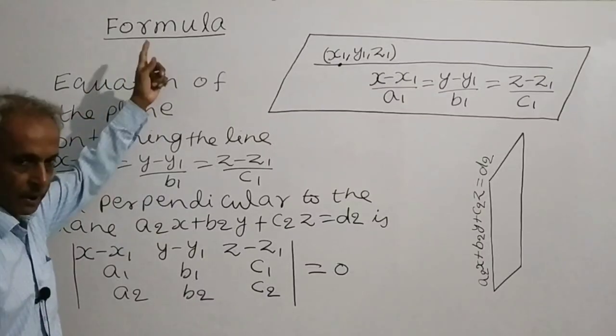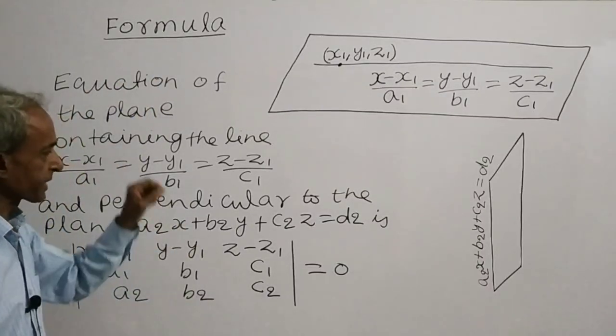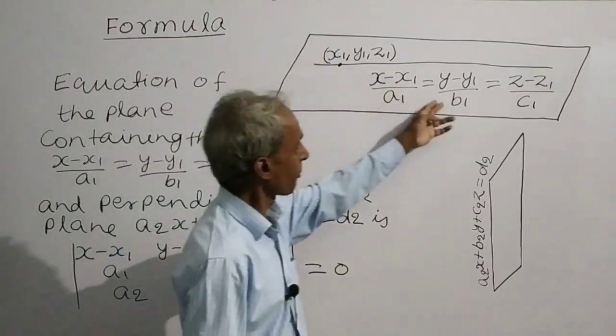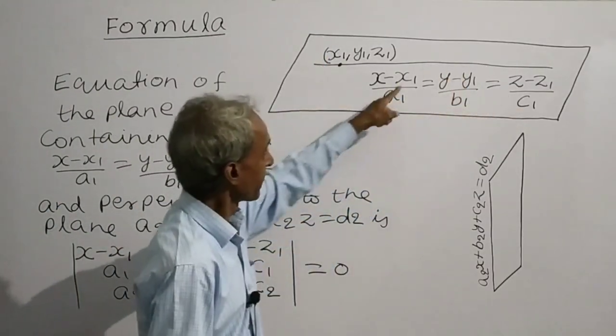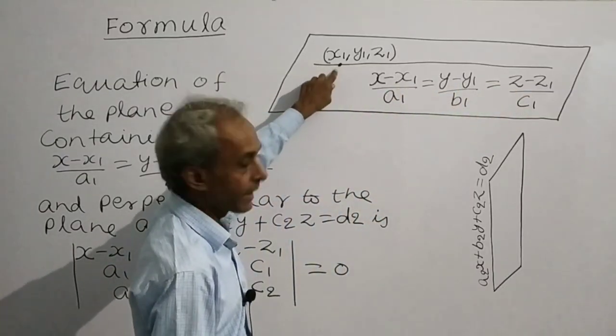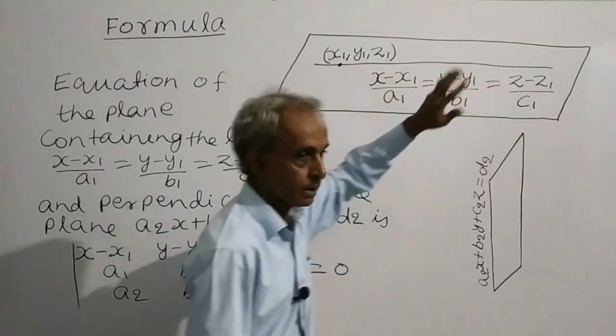This is the formula that I will use to check option A. If the equation of a line is given, then x1, y1, z1 are the coordinates of a point lying on this line.